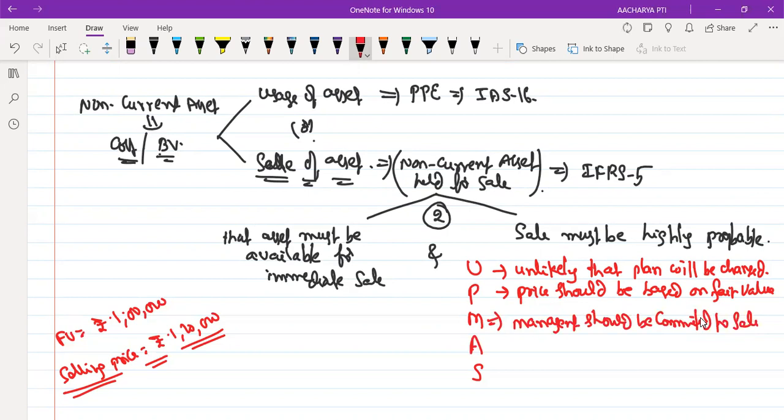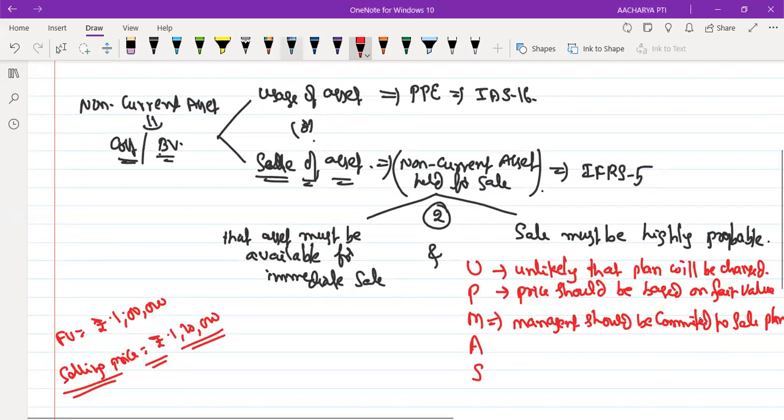Management should be committed to the sale plan. Management should take action in such a way as to sell the respective asset.